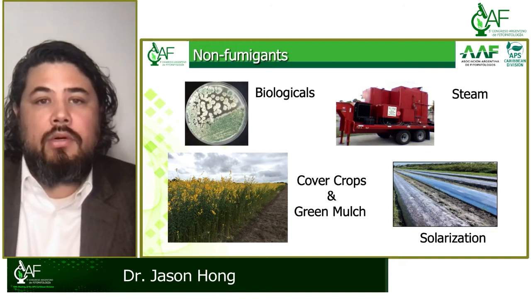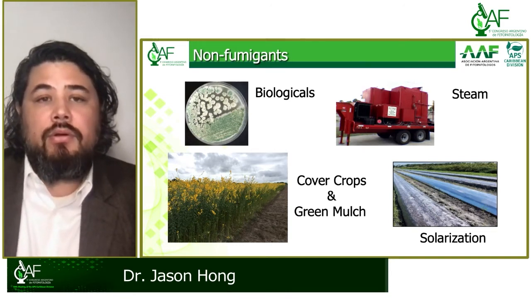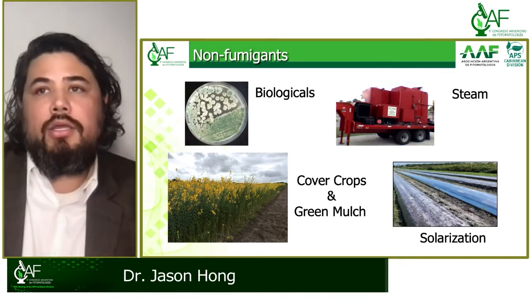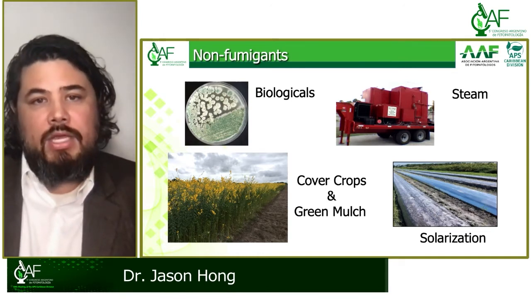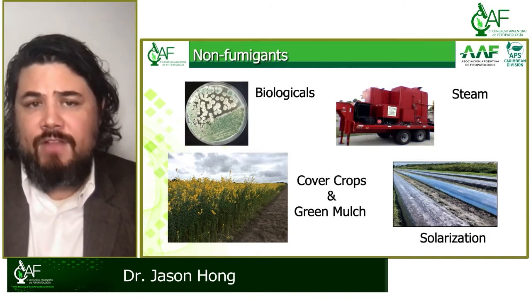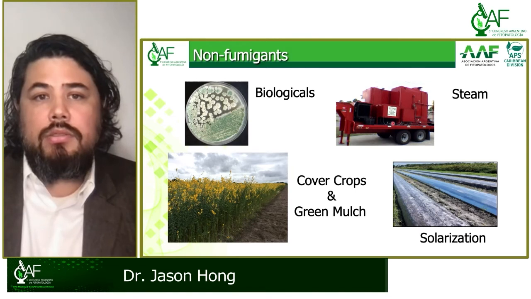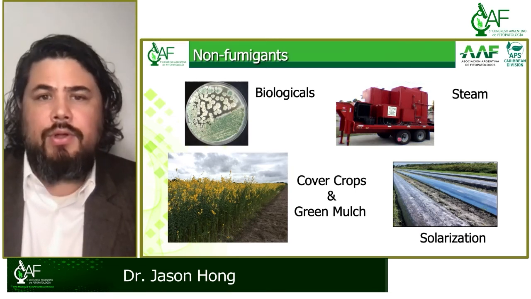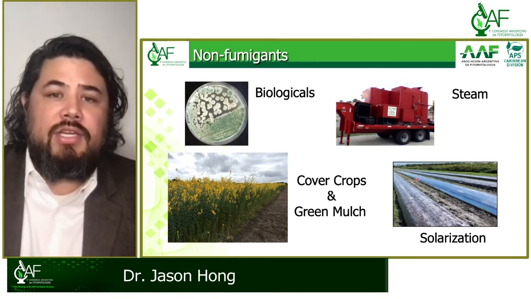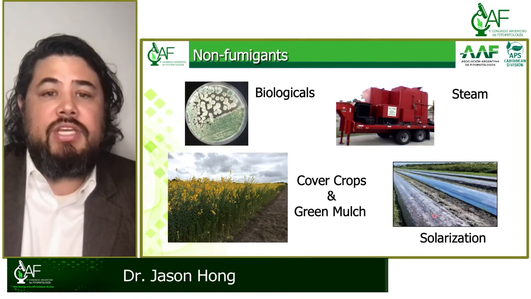Other methods use heat or steam. This is a steam generator, usually used for high-yield crops where you can get a lot of money, such as cut flowers. But again, it's very costly to send steam into your soil. Another technique, which is very similar, is called solarization.